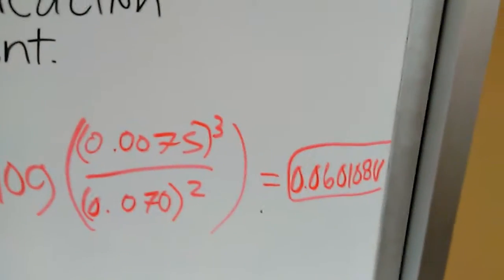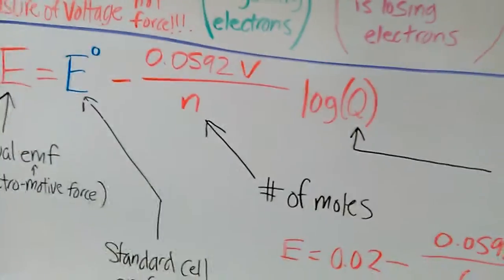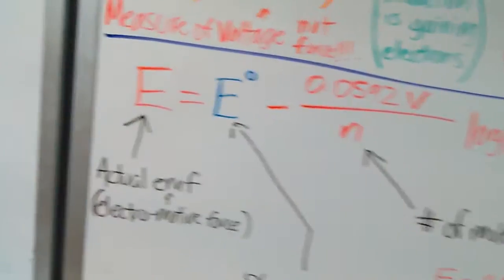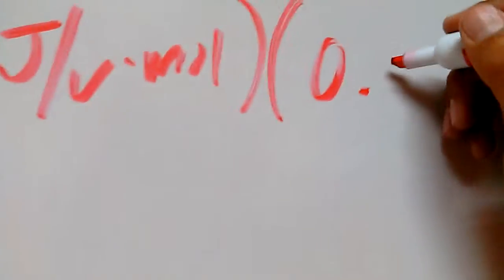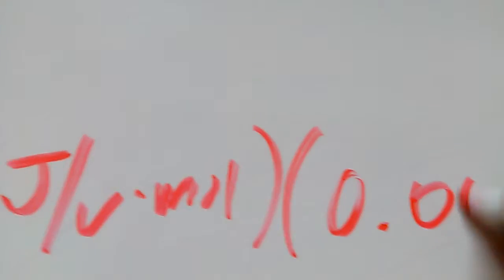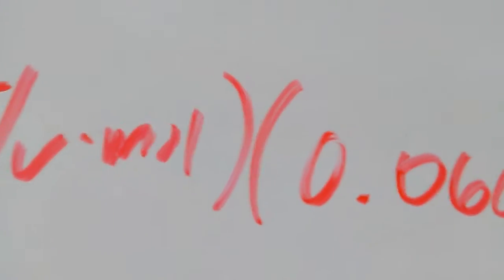Your Ecell, if you remember, is the same exact number that we got here, 0.060108 volts. That's what we solved for earlier, our actual EMF, electromotive force. So we'll just go ahead and plug that in here, 0.060108.